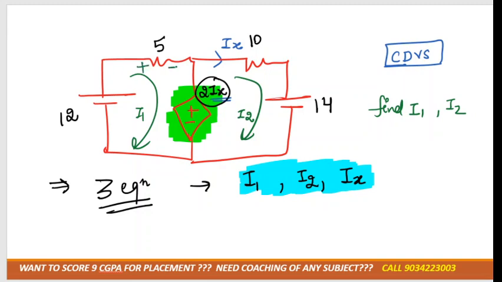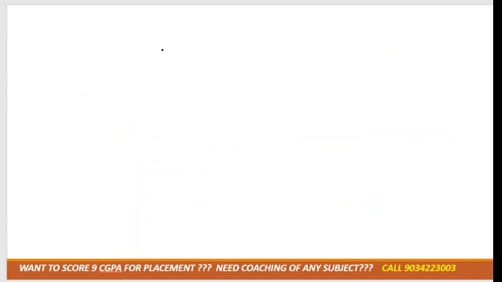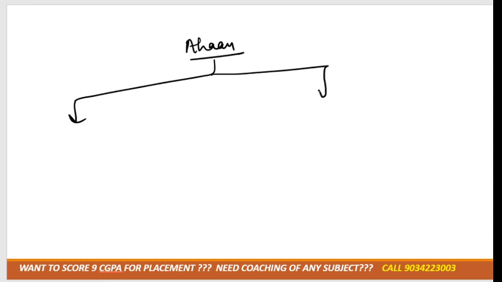Similar to the previous case, positive negative, positive negative. Now see, it is a voltage source, so it will behave like a voltage source only. Got it? Now remember one thing. Suppose I'm giving an example that you are Ahan, and you are depending on your parents. Either you depend on your mom or on your dad.